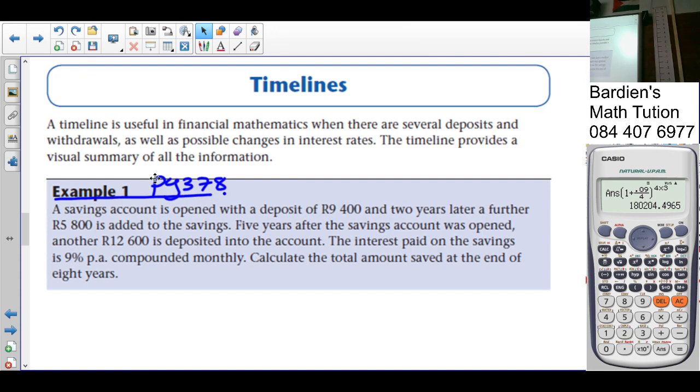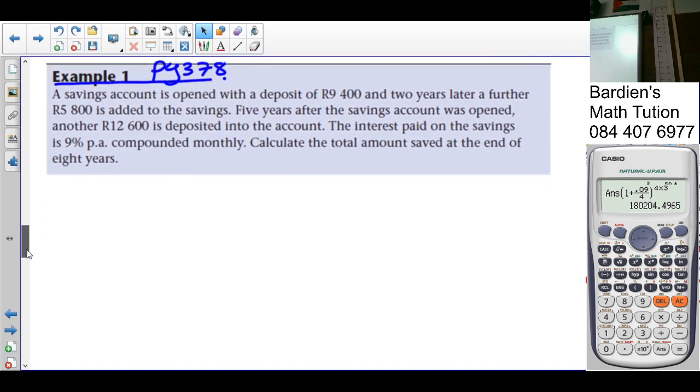Okay, so now we're looking at timelines. A timeline is useful in financial mathematics where there are several deposits and withdrawals, as well as possible change in interest rate. The timeline provides a visual summary of all the information.